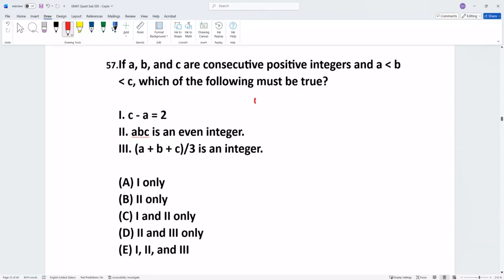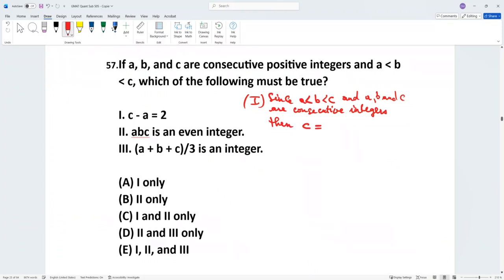So let's take the first condition. The prompt says that since a is less than b, and a, b, and c are consecutive integers, then c is equal to a plus 2.